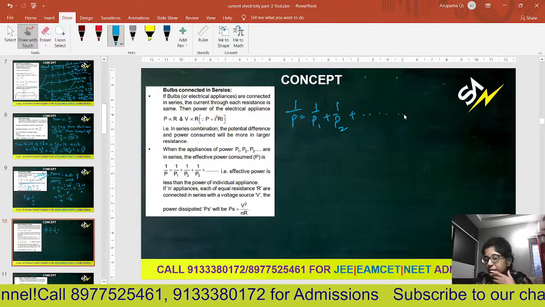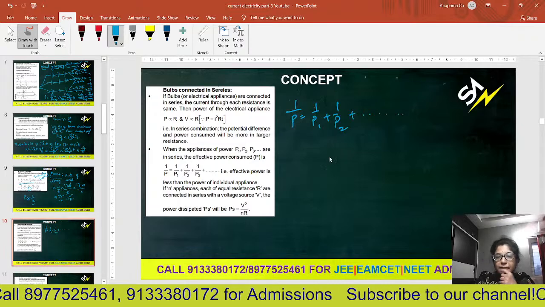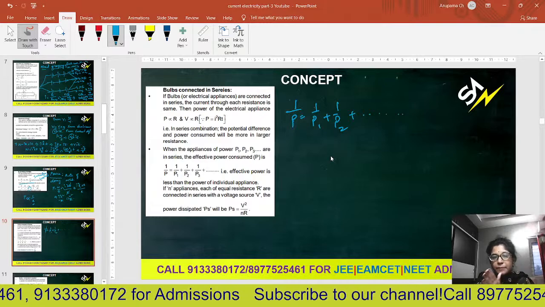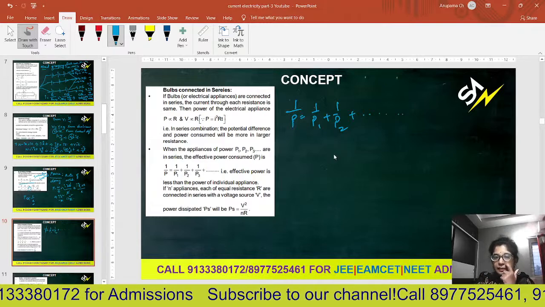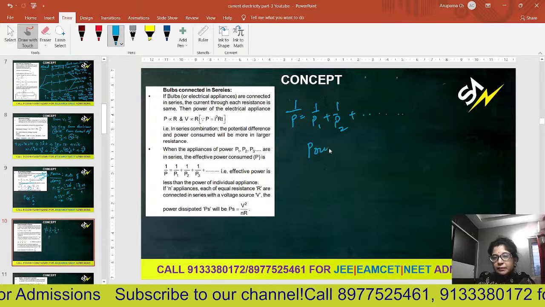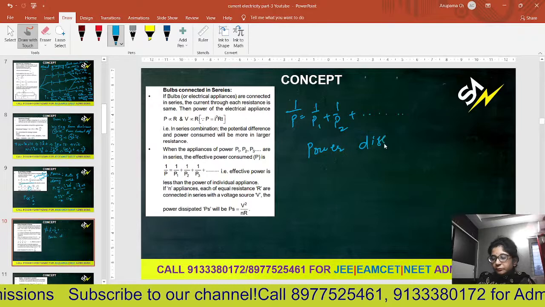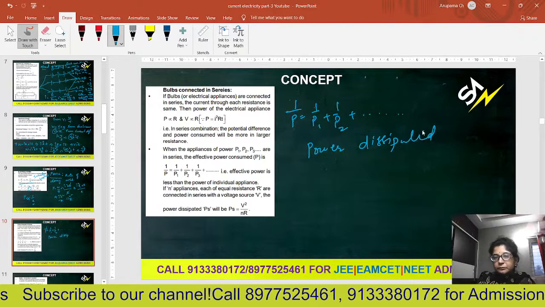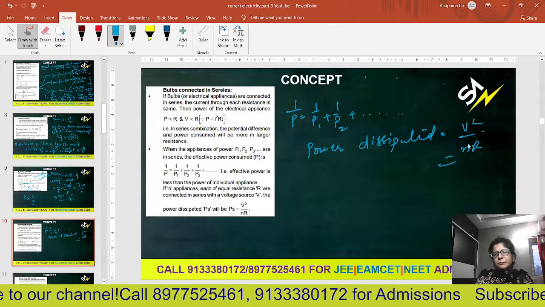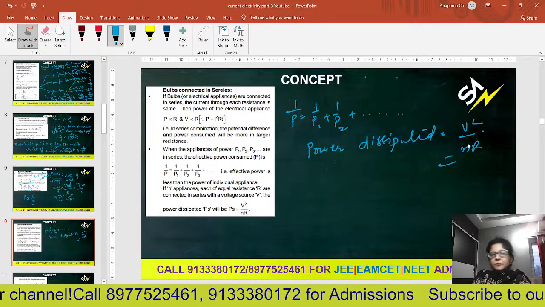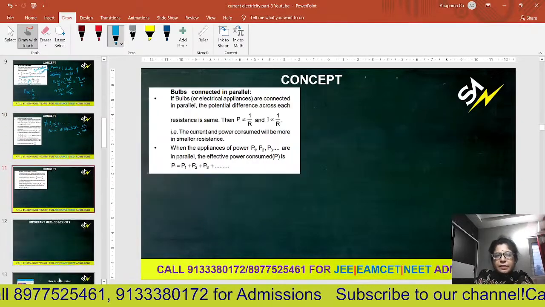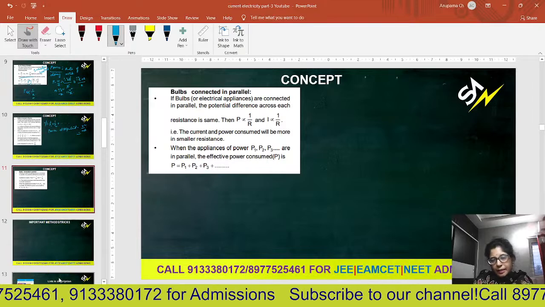Apart from that, if a total of n electrical appliances are connected in series, then the power dissipated can be given by V squared by NR. This formula anyway we know, V squared by R, isn't it? N is the number of resistors which are connected there.